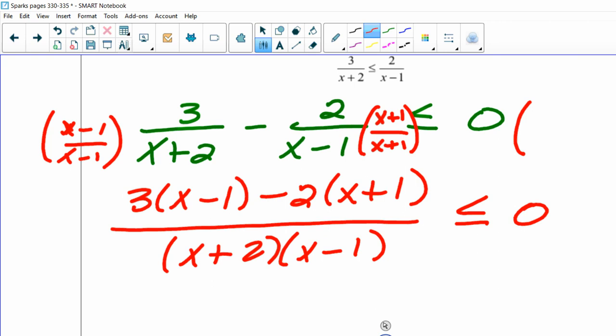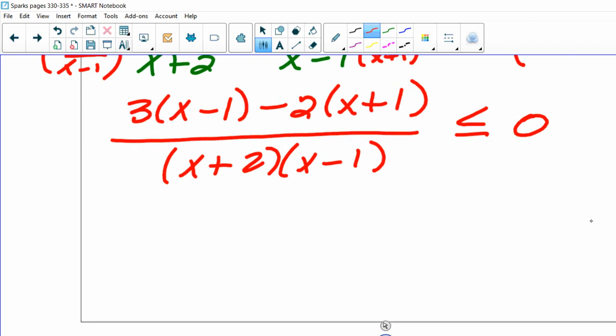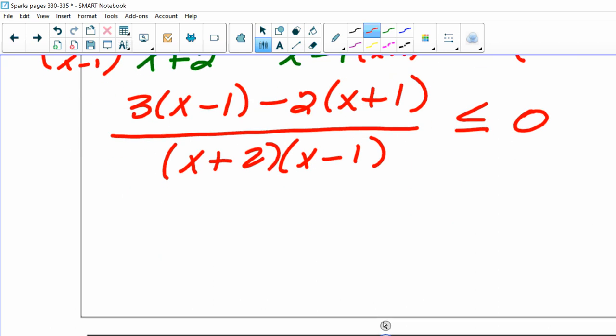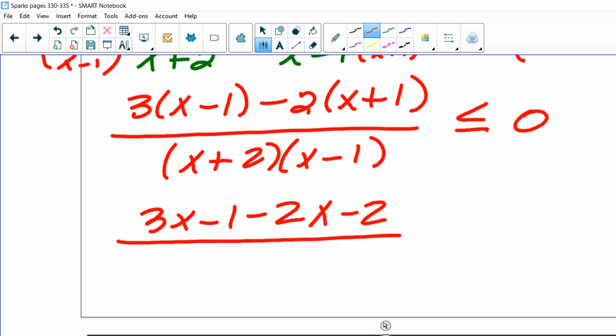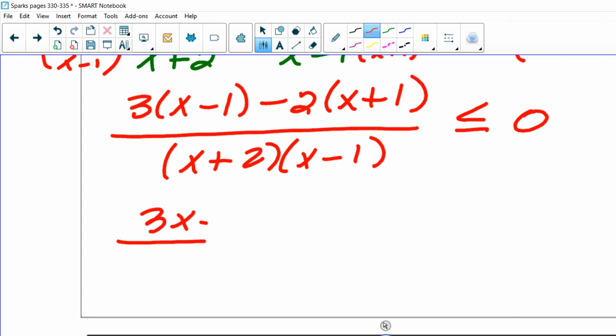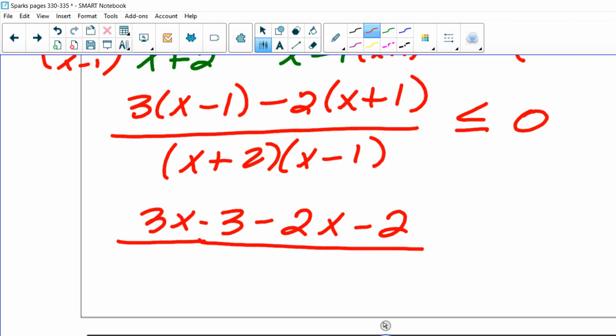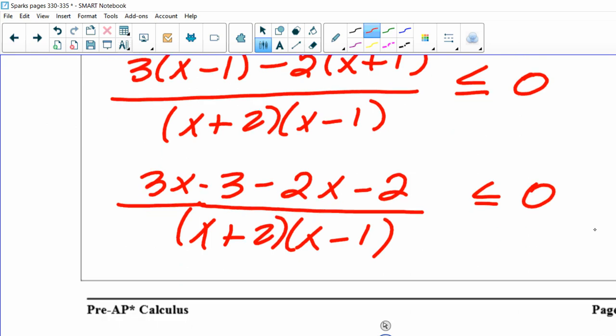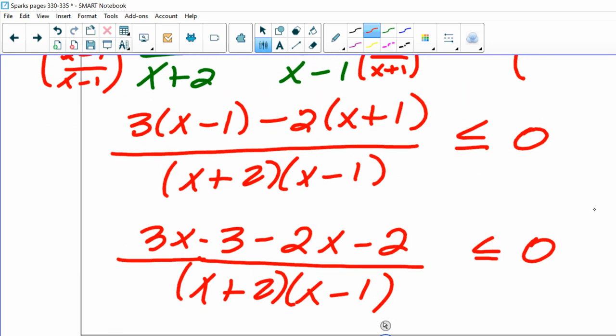Are you with me here? So that numerator, I got 3x minus 1 minus 2x minus 2. Oh, well, snap. What's the matter with me? 3x minus 3, thank you. What did I do wrong now? I didn't do anything wrong, did I?